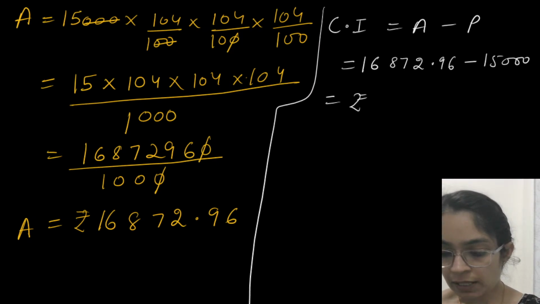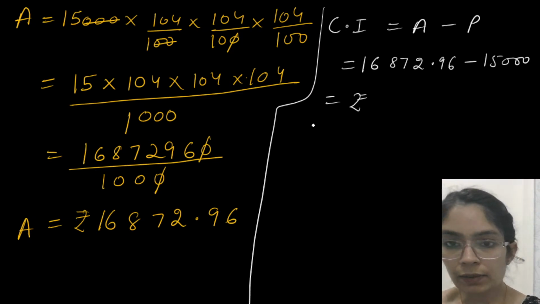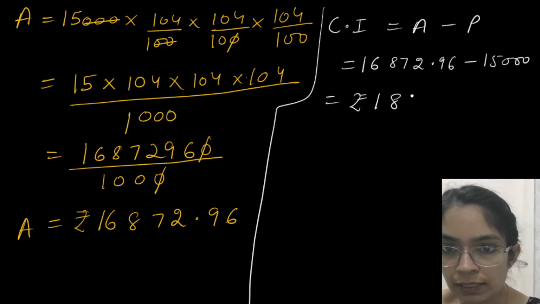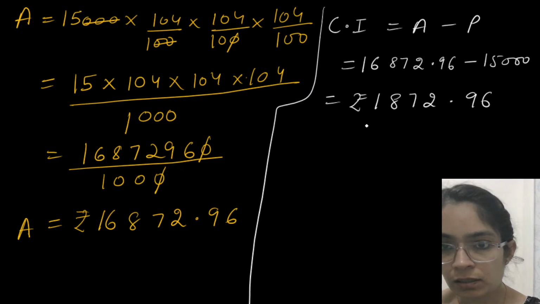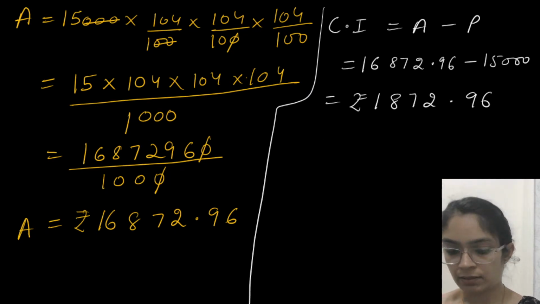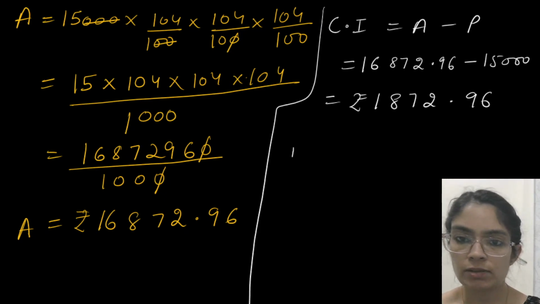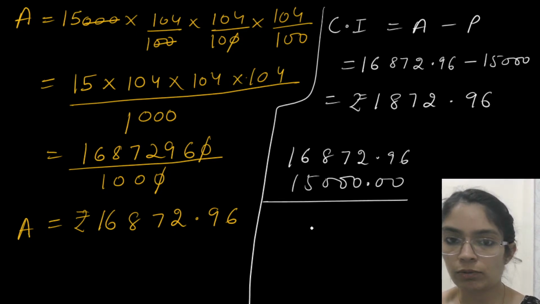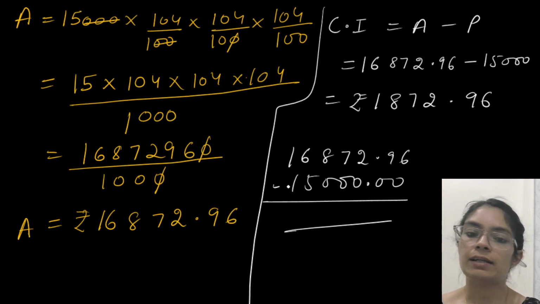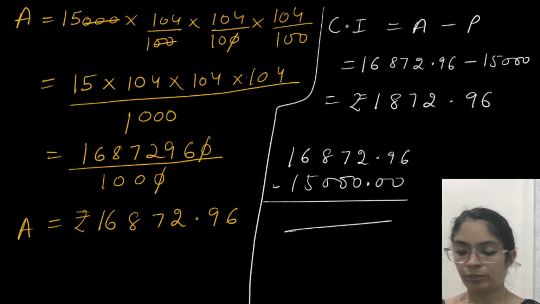Rishik has given the answer: 1,872.96. Yes, so this is the value of compound interest. See, only subtraction you have to do: 16,872.96 minus 15,000. I'm sure you know how to do subtraction. 15,000 you can write in decimal and subtract it. So compound interest is 1,872.96.